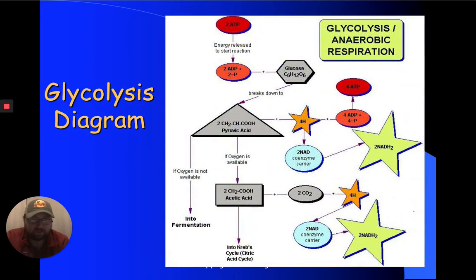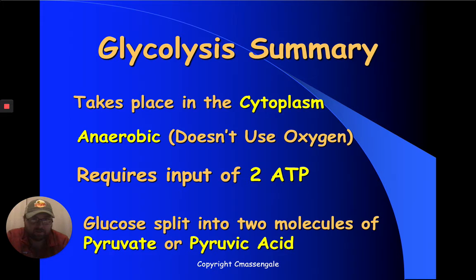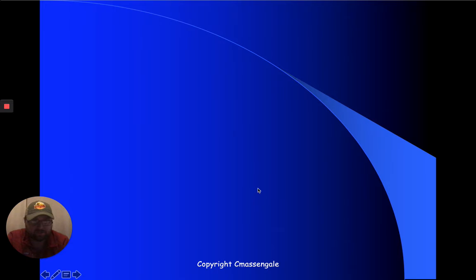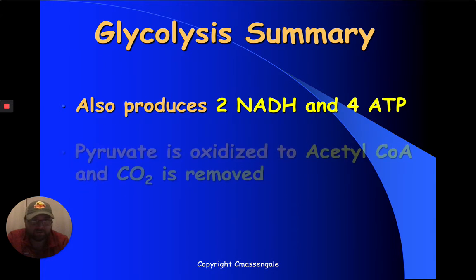All right, so let's go back here. All right, so again, we said when we break up glucose, we get big pieces, pyruvate, and we get little pieces. And here's our little pieces.